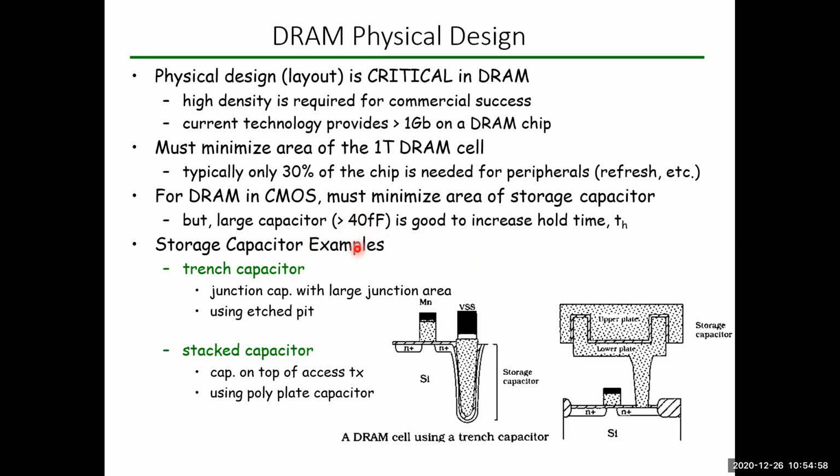Whenever the data is held, then only you can tell what amount of data is stored in this particular capacitor. So the minimum value of a capacitor should be 40 femtofarad. So this is regarding what is meant by DRAM.